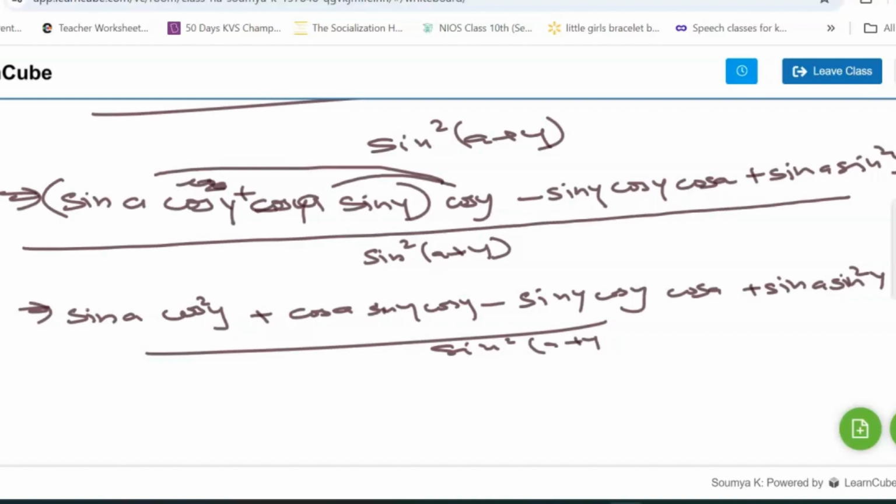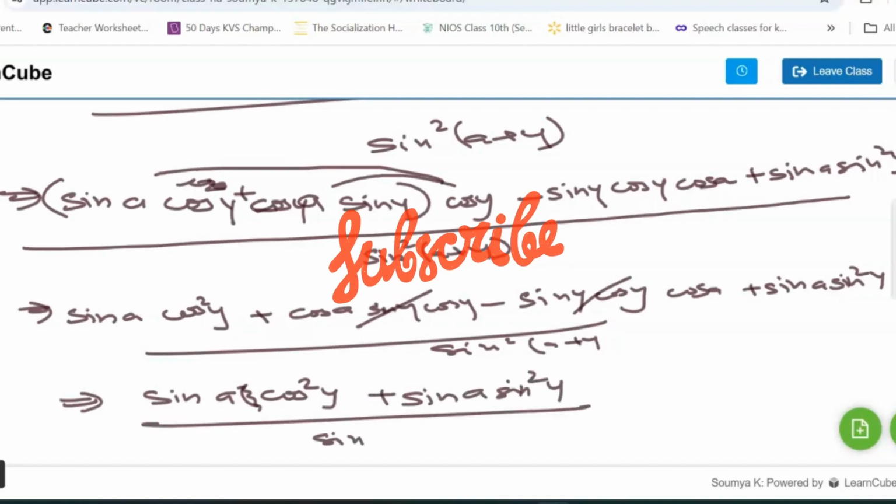So here if you see cos a sin y cos y, the same terms are there, but the sign is different. So this and this term will give the result as 0, and the only remaining term will be sin a cos square y plus sin a sin square y, whole divided by sin square a plus y.